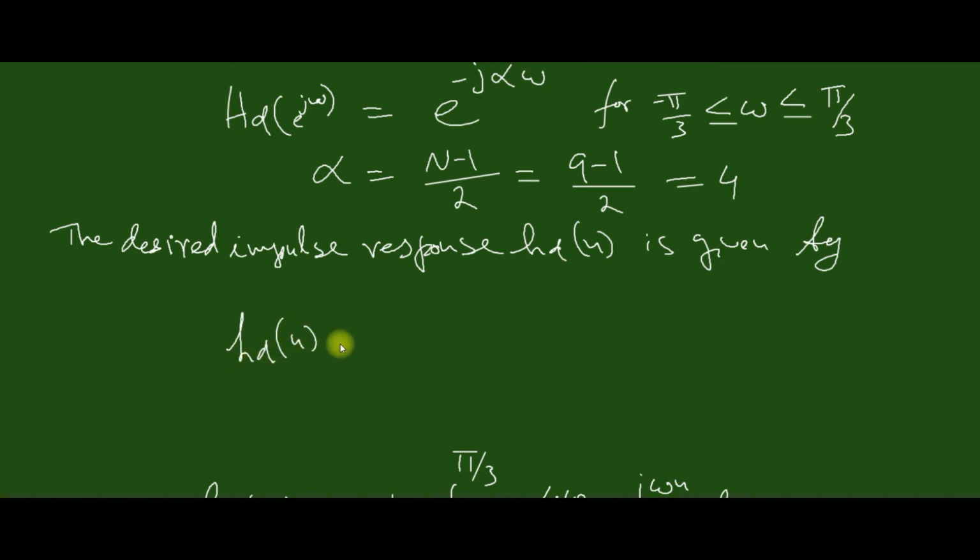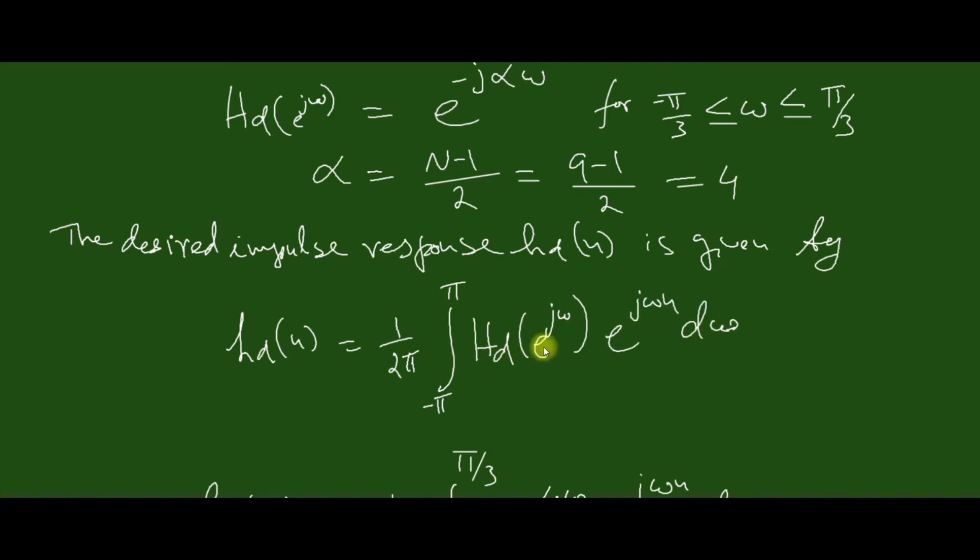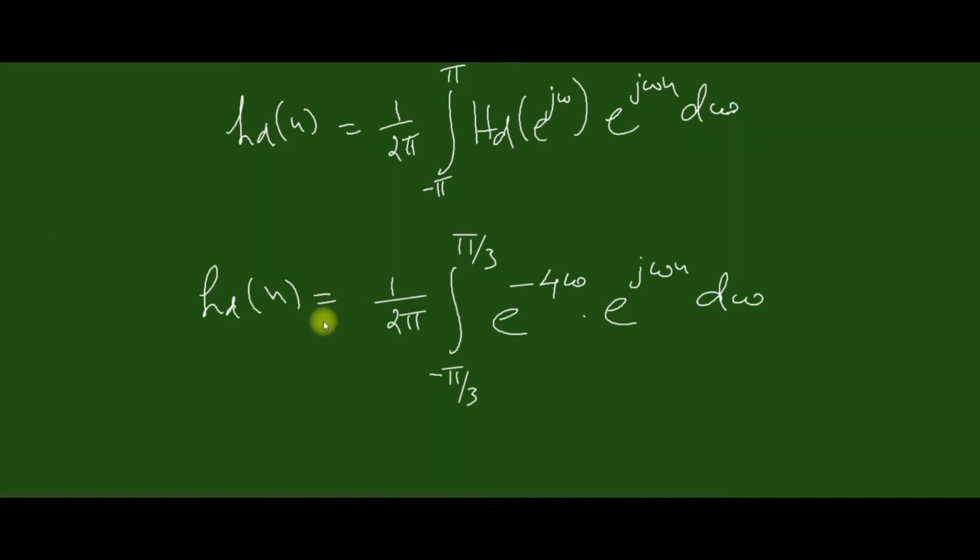HD of n equal to 1 by 2 pi integral from minus pi to pi HD of e raised to j omega into e raised to j omega n d omega. Now substituting, we get HD of n equal to this expression.